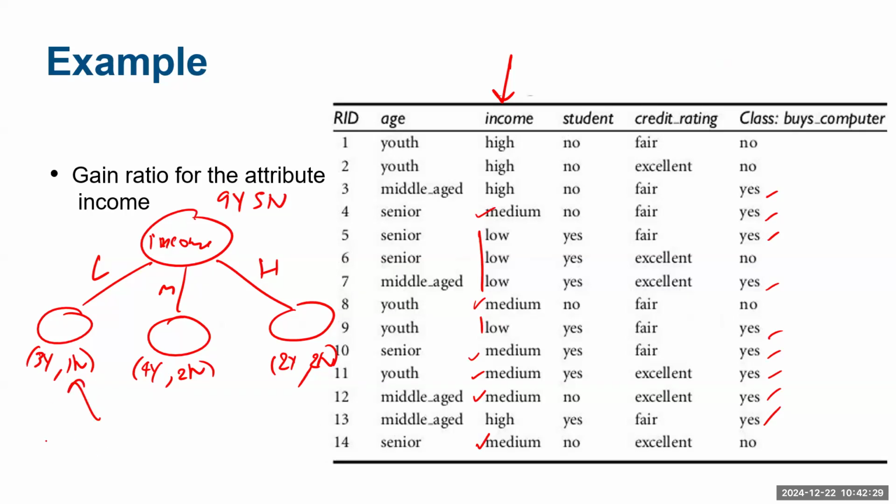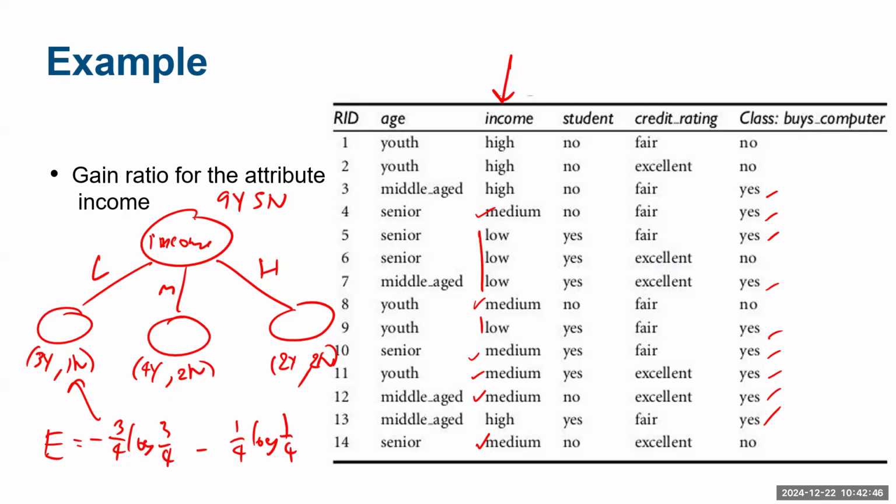For example, the entropy of this node, you're going to have minus 3/4 times log 3/4, and then minus 1/4 log 1/4. So this is the entropy.